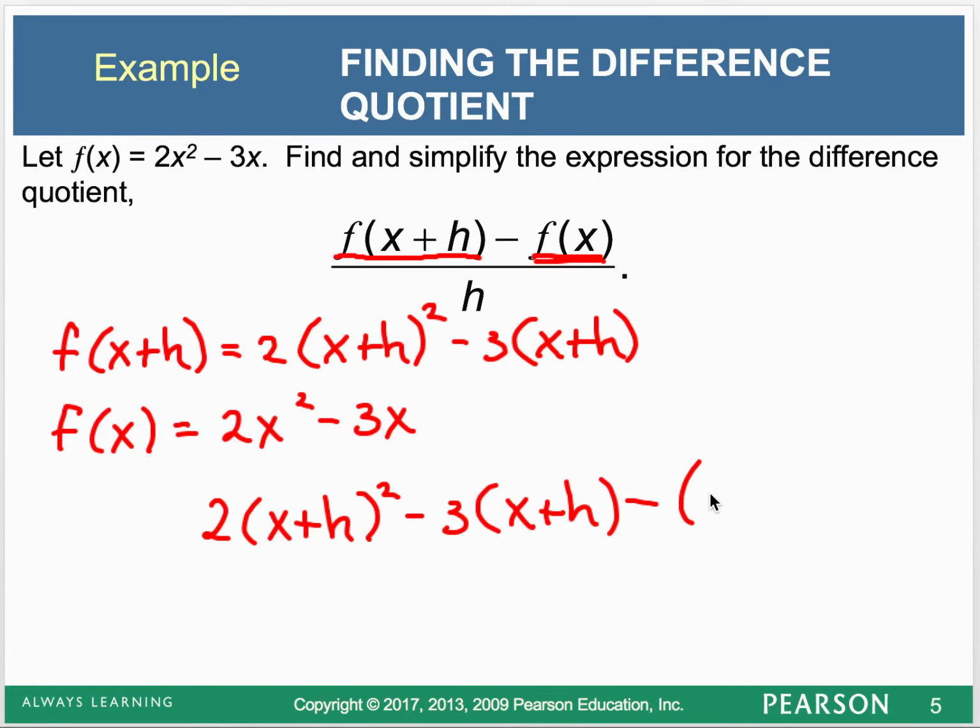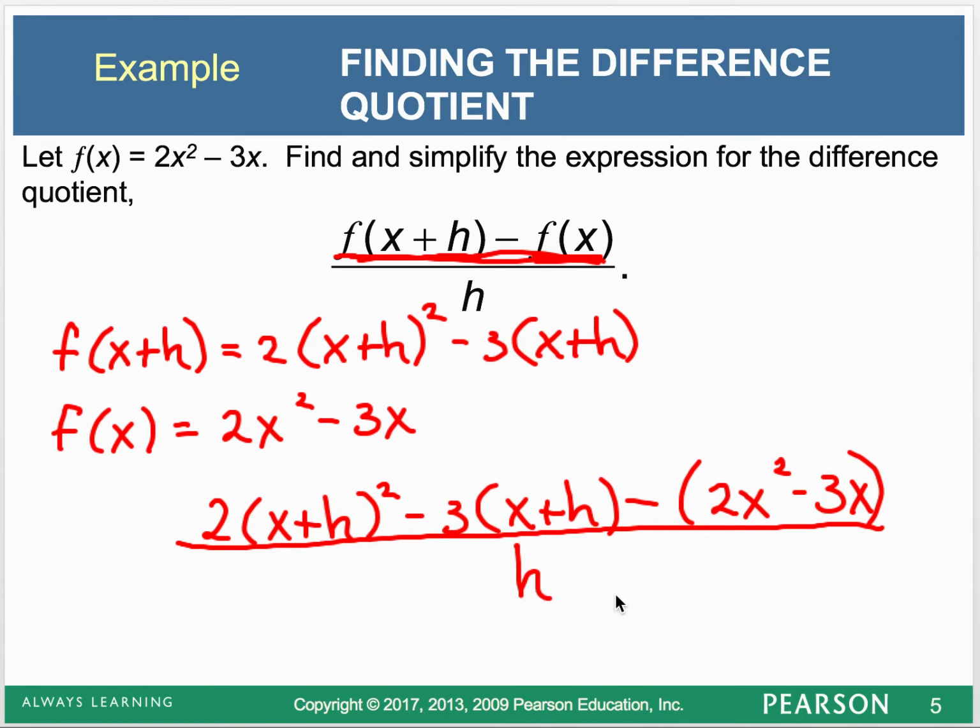So be careful. Make sure you get your parentheses in there when you're subtracting, or remember to change your sign as you write it. So here's this whole top part. This is what f of x plus h minus f of x looks like, and then it's all just over h. Not f of h, just h.